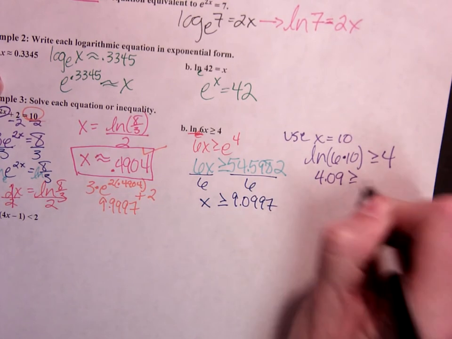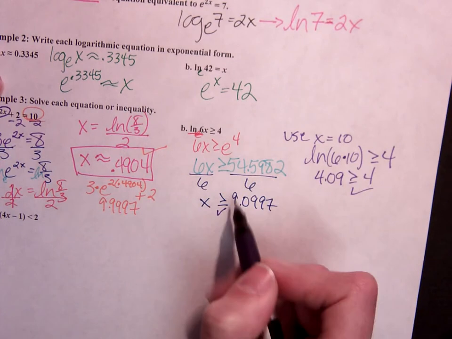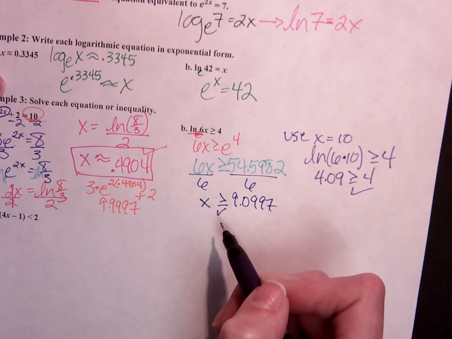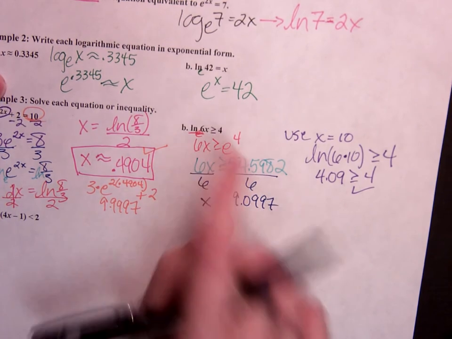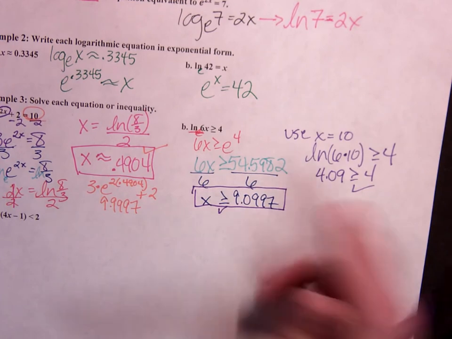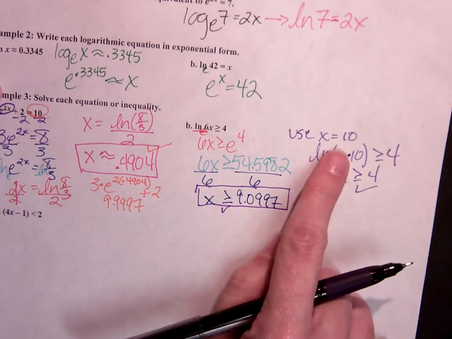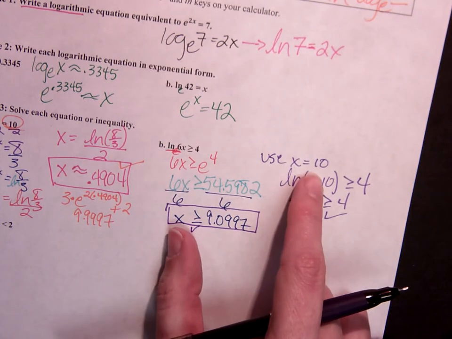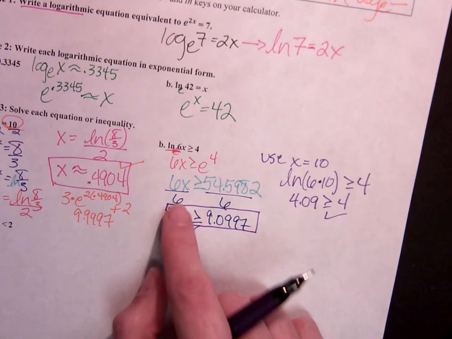That is greater than or equal to 4, so that verifies our inequality is correct. I can use the same strategy, plug it back into the original equation and make sure it matches, if I'm worried about the number that I got. We used x equals 10 because it's a little greater than our answer. Because it works, I know that we're headed in the right direction.